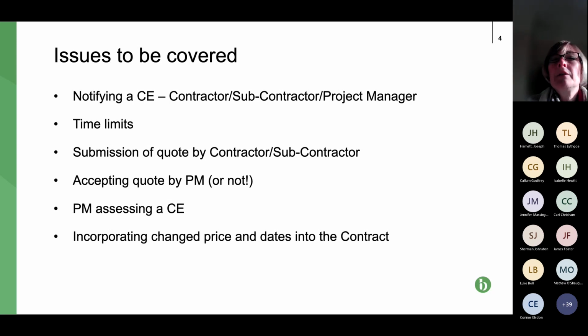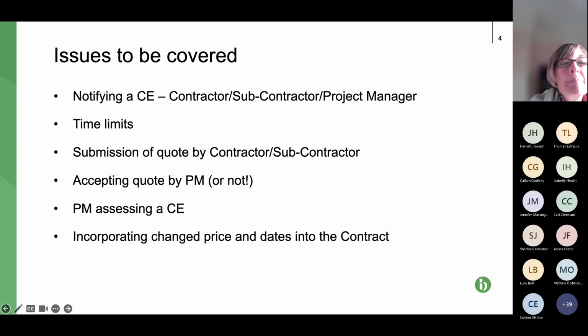And please be aware, if you are a subcontractor, when I'm talking about contractors, I'm talking about you as well. So also, if you're a contractor who's subcontracting, then you've got two hats on here really, because you're going to be applying for payment in your contract, but also you're going to be effectively the project manager role within your subcontracts.